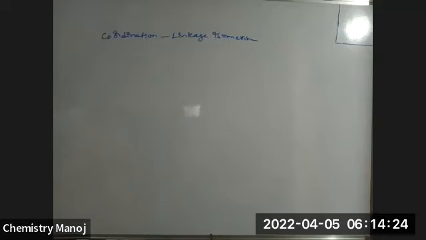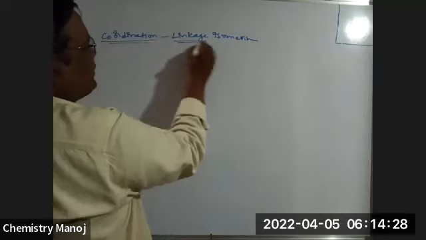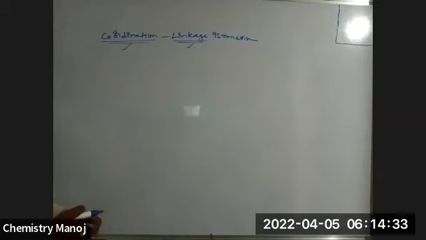My dear, here two words are used: coordination and linkage. That means the coordination sphere is changed and the linkage between the metal and ligand is also changed. That is why it is coordination linkage isomerism.